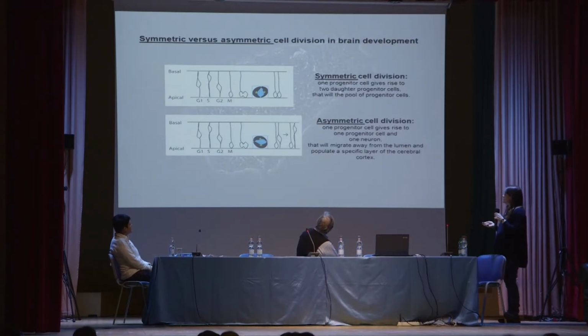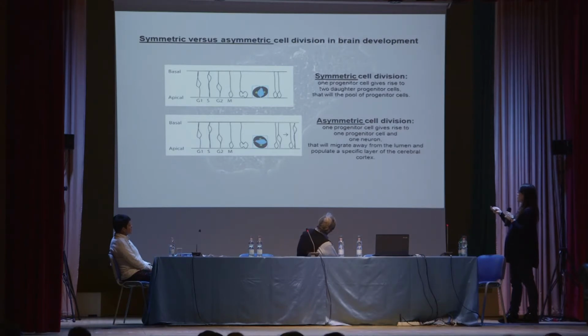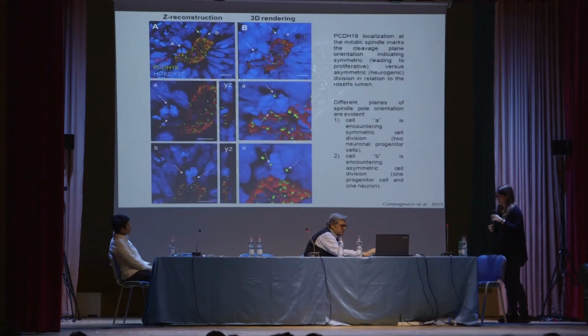But if the division is asymmetrical, then one cell will stay closer to the lumen of the tube and will be the neural progenitor, whilst the cell farther from the apical projection of the rosette will differentiate by migrating outwardly and originating neurons.